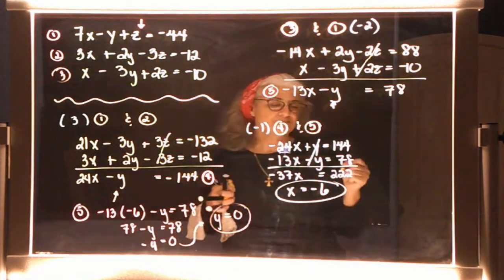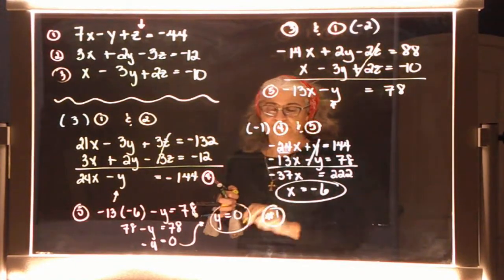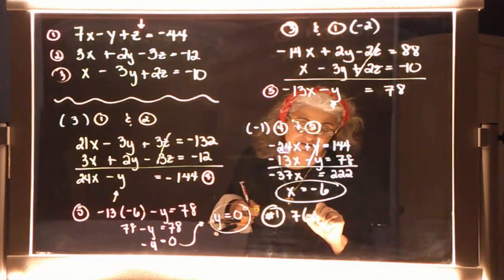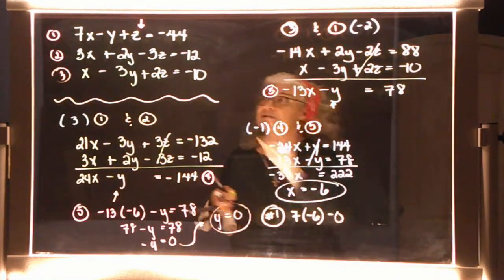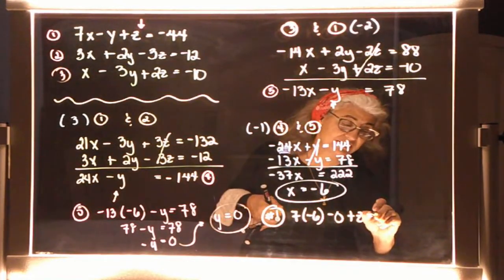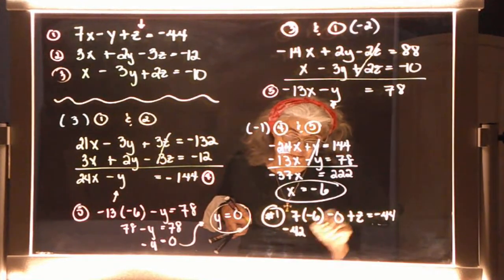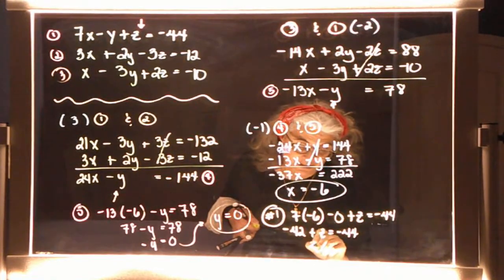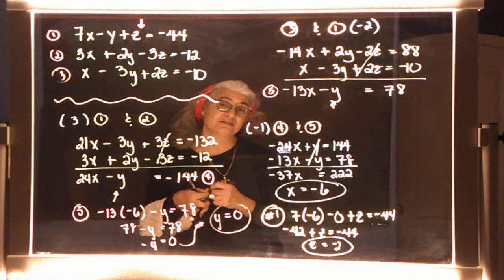So in equation 1, we have 7x, so that's 7 times the negative 6, minus y, well, that's just minus 0, plus z, which is what I'm trying to find, equals a negative 44. Okay, so here's a negative 42 plus z equals negative 44. So it looks like z is equal to a negative 2. Did you get the same thing?